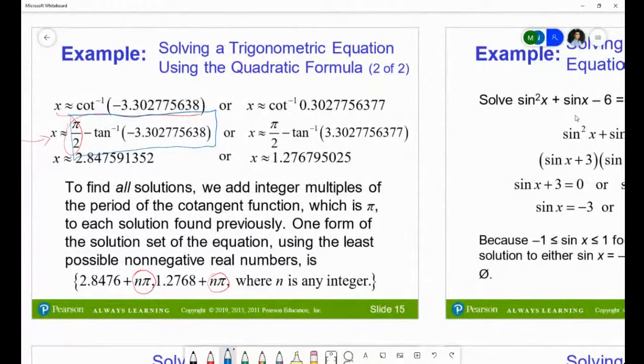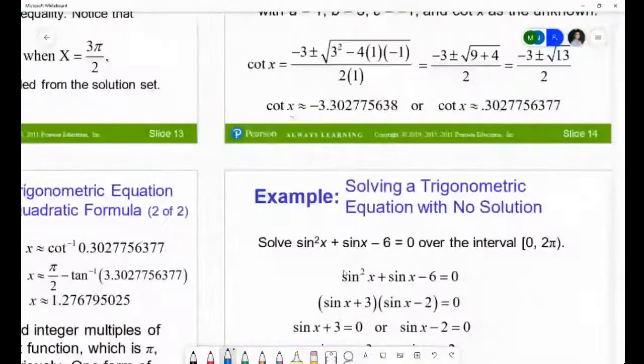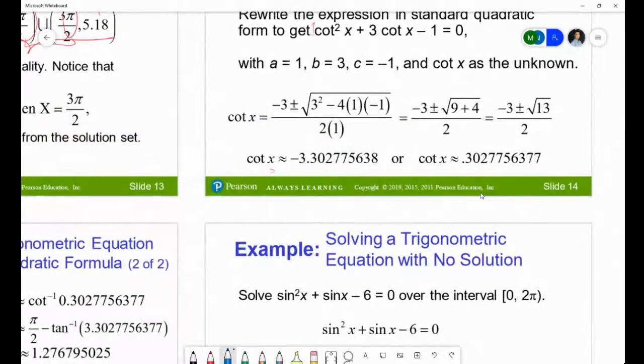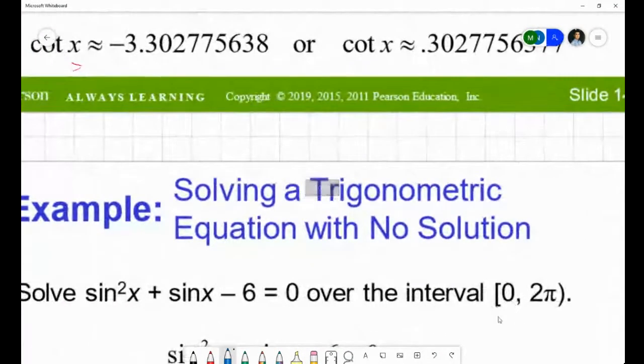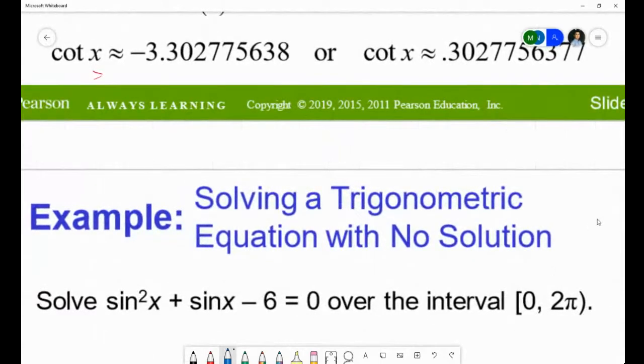Okay. All right, I'm going to give you some time to try this one here. Sine squared plus sine x minus 6.